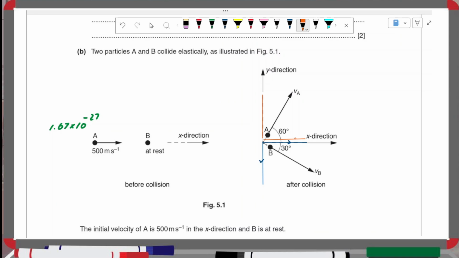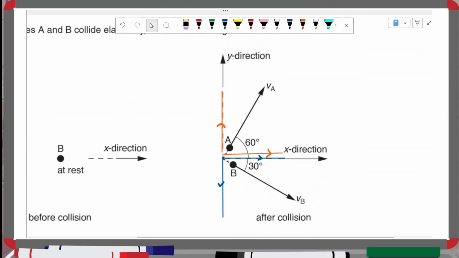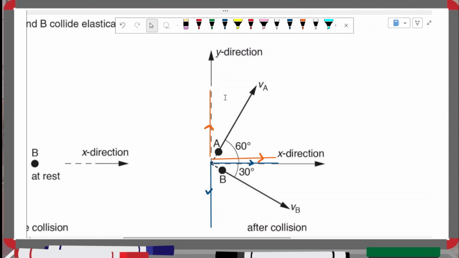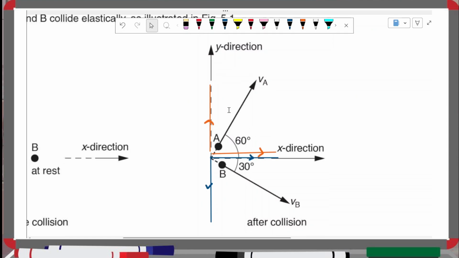Now let us talk about the components of A. The one along the x direction should be vA cos 60, and the one along the y-axis should subsequently be vA sin 60.